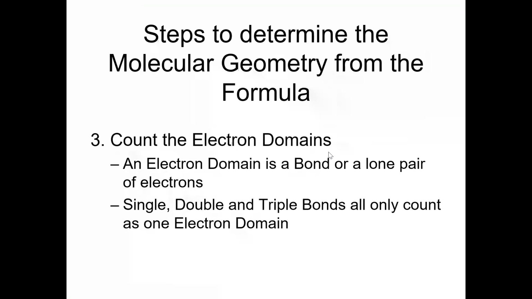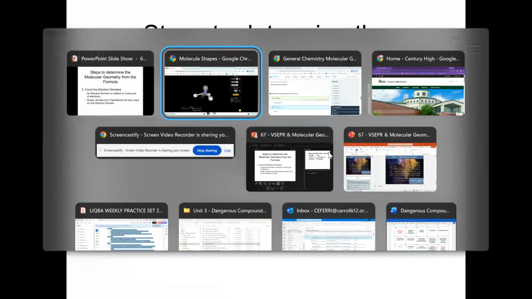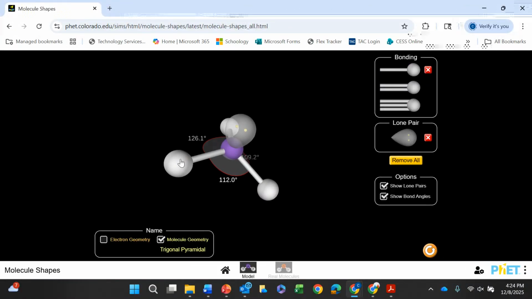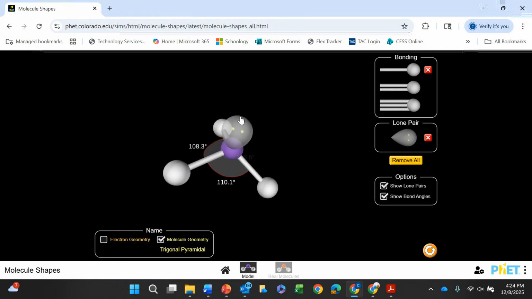Then what you want to do next is count your electron domains. Now, this is where it gets kind of tricky. An electron domain is either a bond or a lone pair. A bond or a lone pair. So if I go back to my PhET, this shape right here has 4 electron domains.